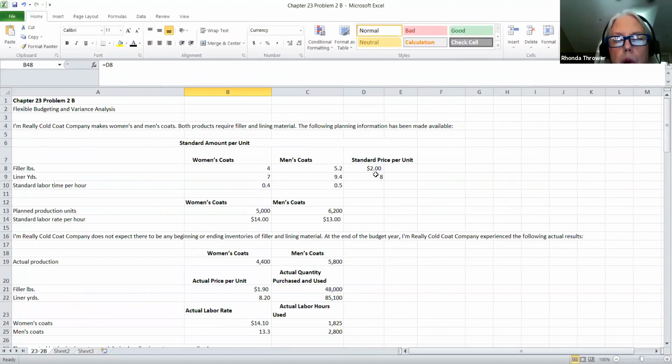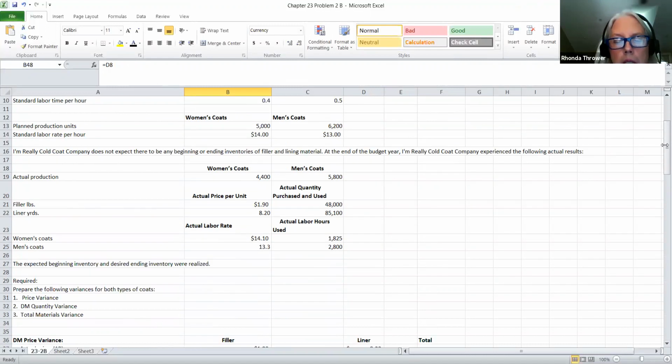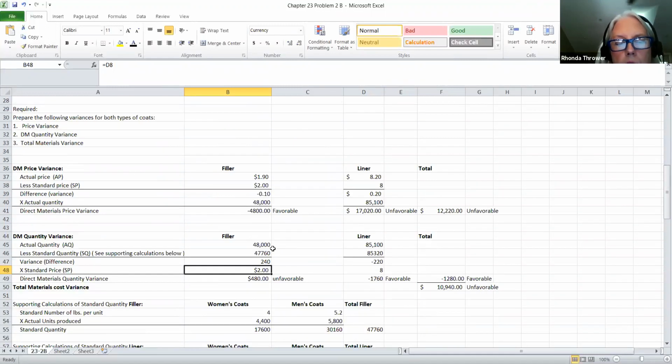This is your standard price right there. And so 240 times $2 is 480. And so the filler variance, or the filler quantity variance, is unfavorable.